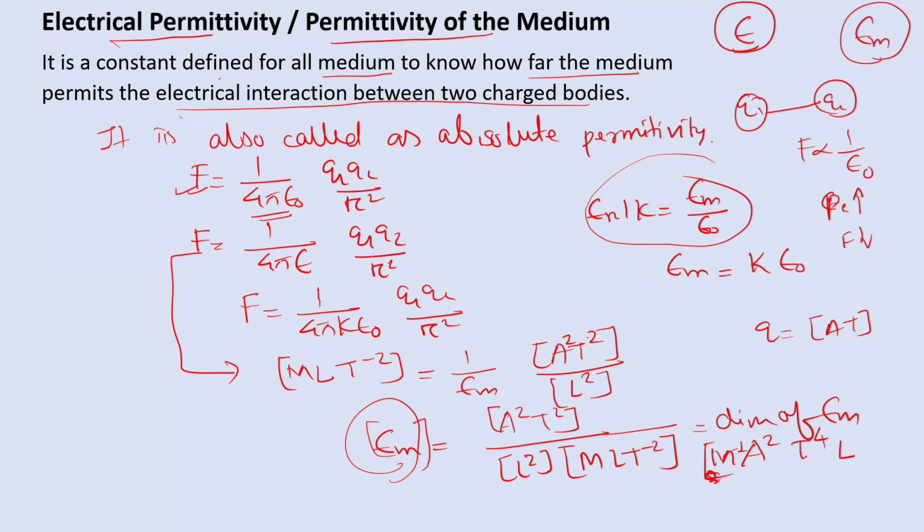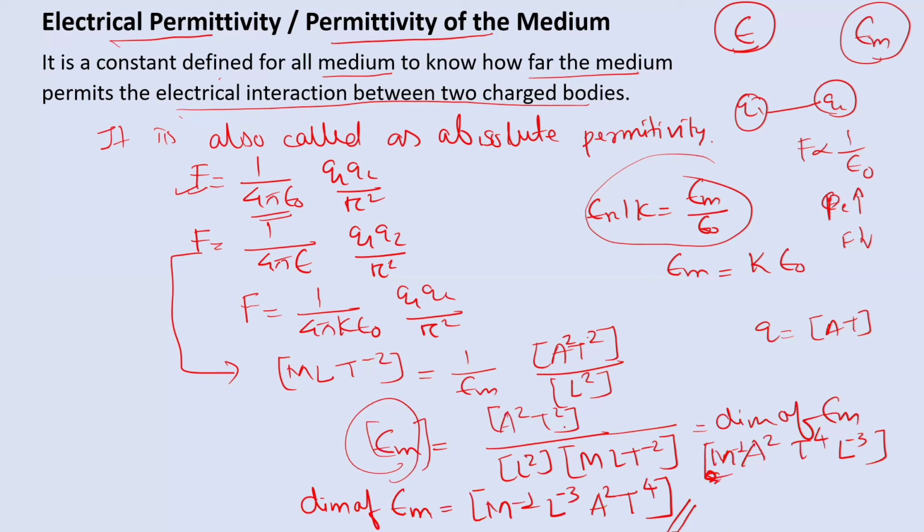And L will be 2 plus 1, 3, so in the numerator it will be L minus 3. So finally, the dimension of epsilon m, the permittivity of the medium, is M minus 1, L minus 3, A2 T4. Directly you can write this. This is how you can calculate.